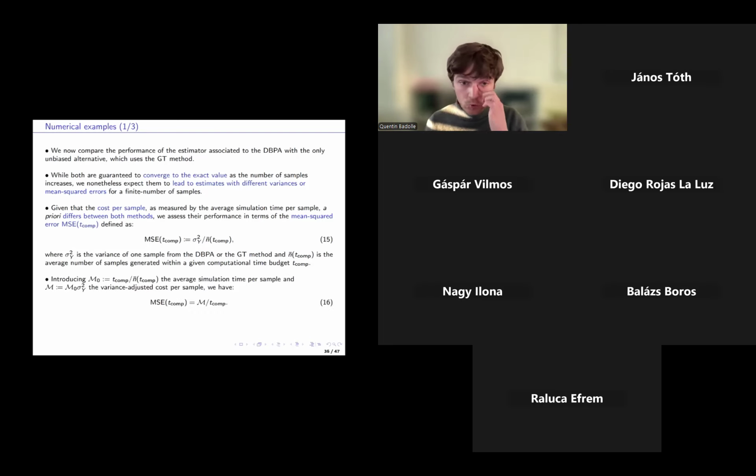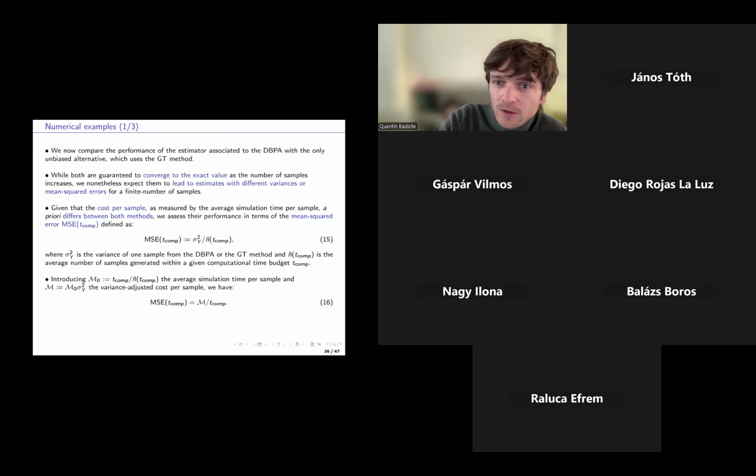Now we introduce two quantities, M naught, which is T comp divided by this n bar, and calligraphic M, which is M naught times sigma squared, the variance-adjusted cost per sample. And so we can rewrite expression 15 into this.